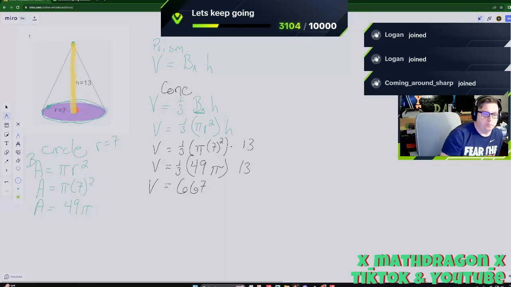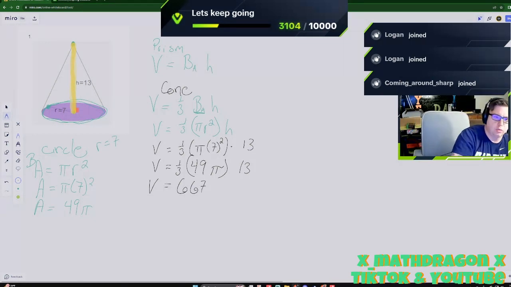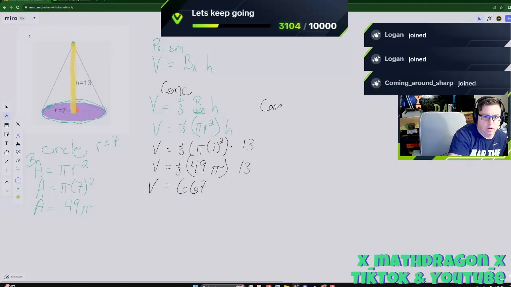Now, let's look at some justification real quick. So this is the cone or pyramid equation. Now, because we have a circle as our base shape, we use this formula.